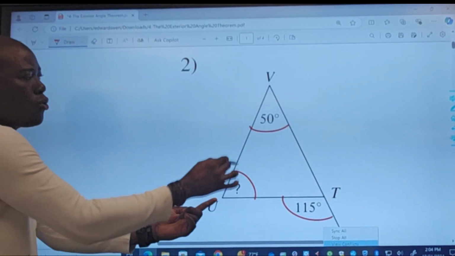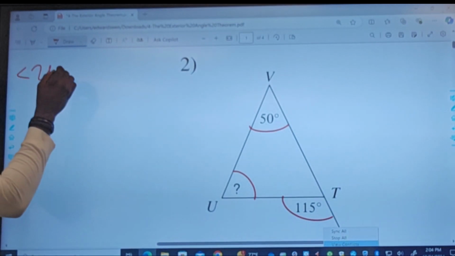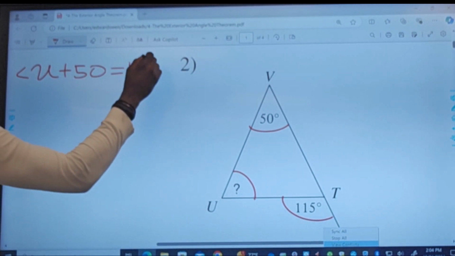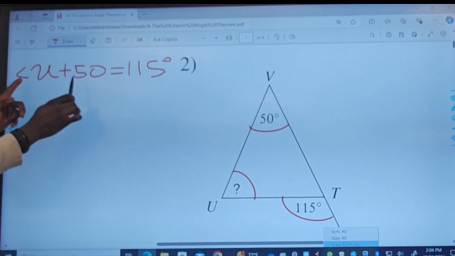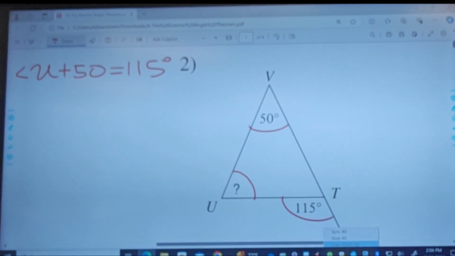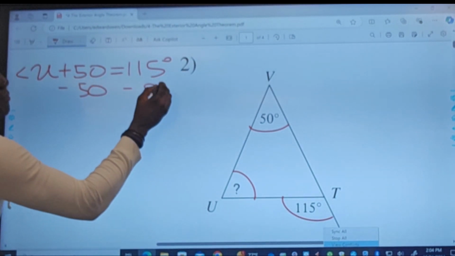These two remote angles that are inside, which is angle at U plus 50 degrees, will give 115. So the remote angles, if you sum them up, are going to give you that exterior angle. So basically, I could just subtract 50 from both sides.